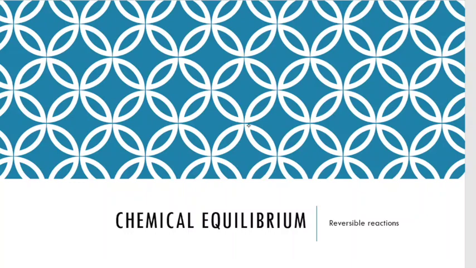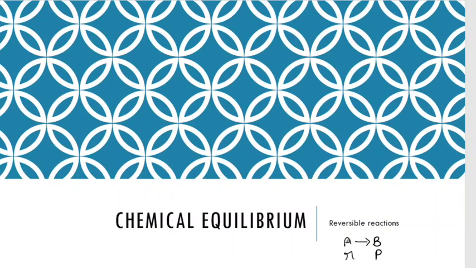Chemical equilibrium is all about reversible reactions. What is meant by reversible reactions? Suppose we consider A gives B, a reaction. We know that A is the reactant and B is the product, right?